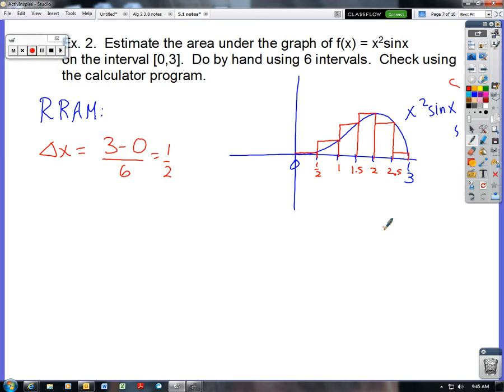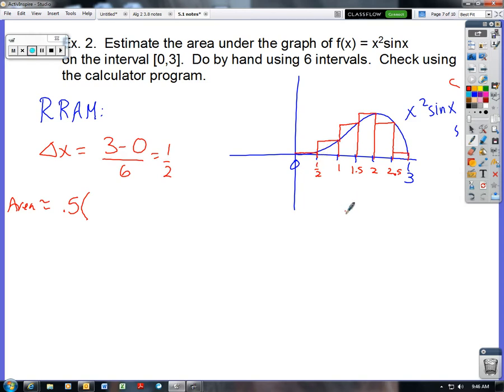Now we are going to go ahead and do the RRAM. So I'll say area is approximately the width, which is 0.5. I like to pull that out front, and then we'll just do all of our y values. My first x value is going to be 1/2, because that's on the right-hand side of the first rectangle.